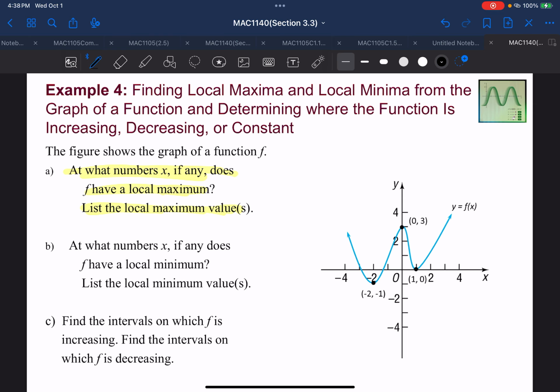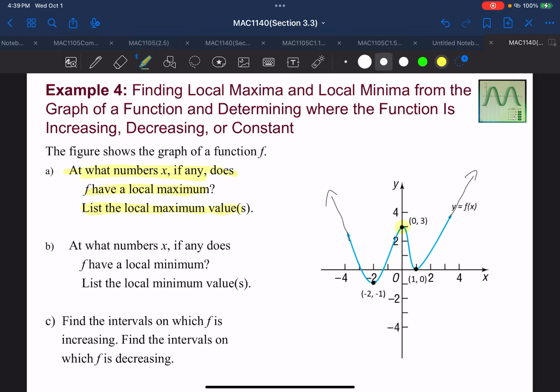This one doesn't even really have an endpoint because this is going forever. So I'm just talking about the dips and the peaks of the hill in between the ends of my function. So the first local maximum I see is this point here. That is a peak of a hill within that function. So locally, it's a maximum value.